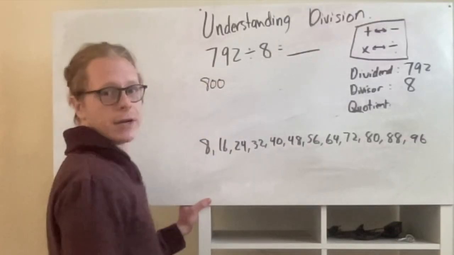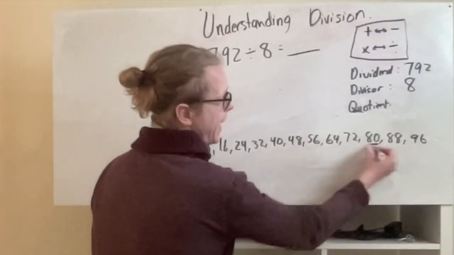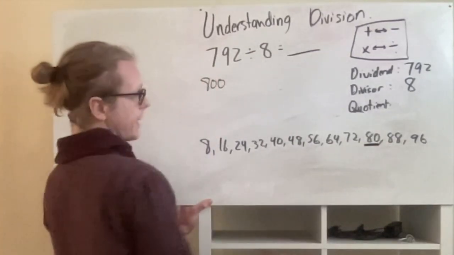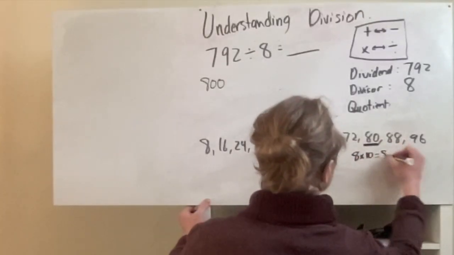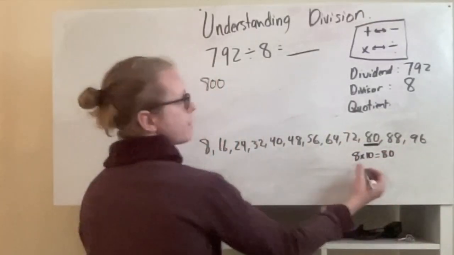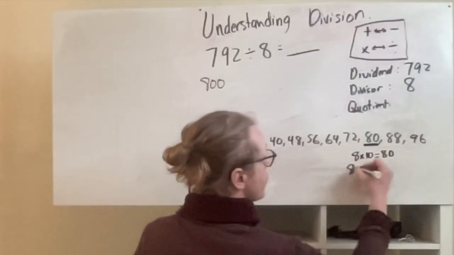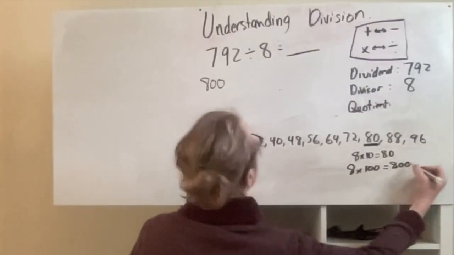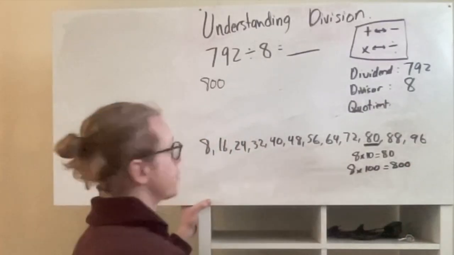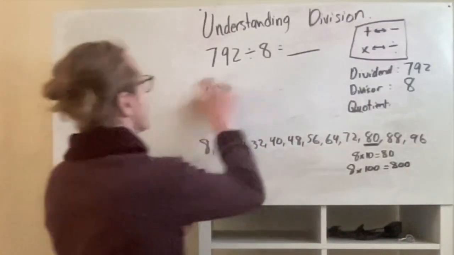Why do I bring up 800? Because we have 80 right here, okay? This is 8 times 10 is 80. Remember that if I know 8 times 10, I also know 8 times 100 would give me 800. Okay? So let's show this on the number line.